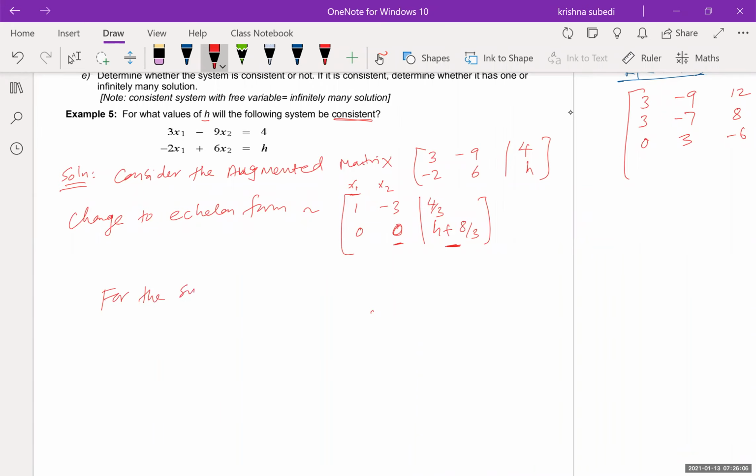For the system to be consistent, this 0 must be equal to this one. So which gives me h equals -8/3. That's it.